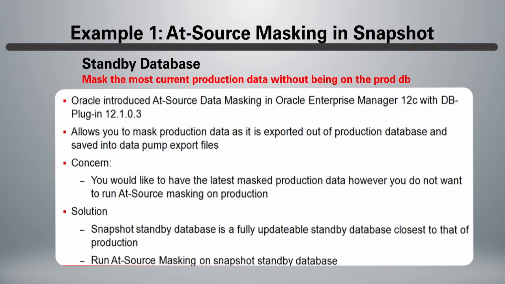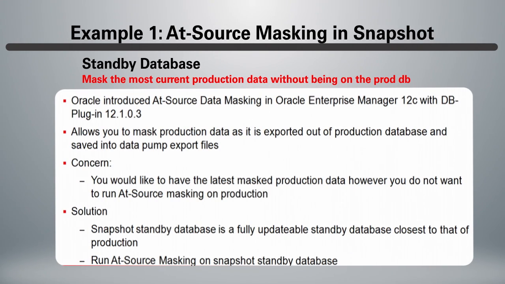Okay? So let's talk about an example use case. I hear that customers, when they look at at-source data masking, say, well, we don't want to run it on production, but it's cool, I don't need to have an intermediary database, right? The staging database, where I copy my production data out of a very secure environment into a staging environment.